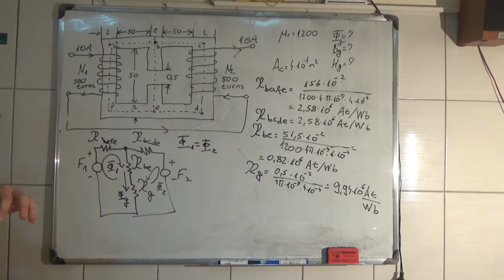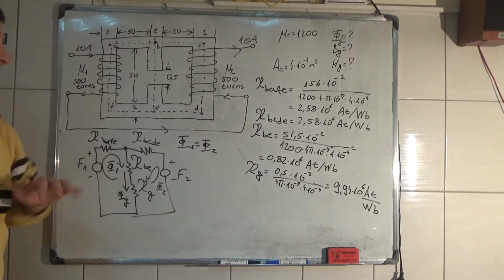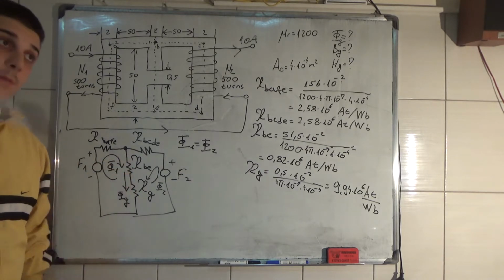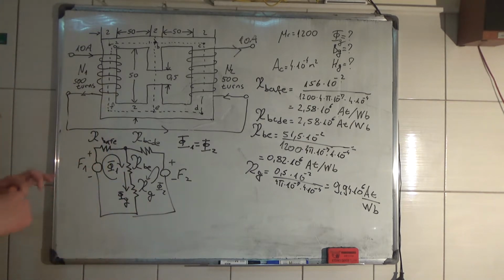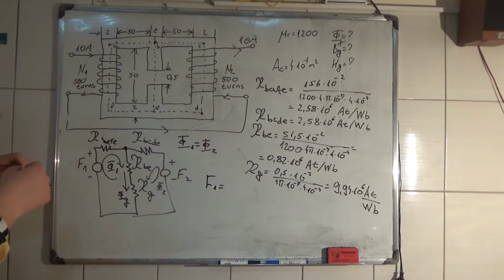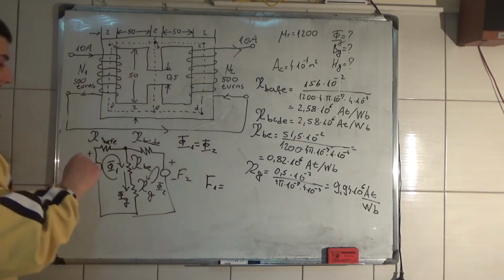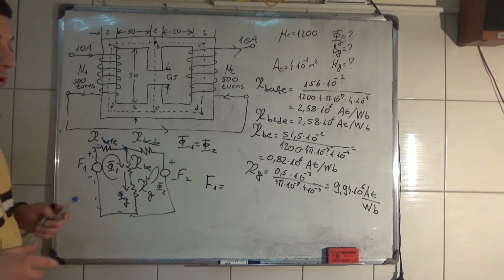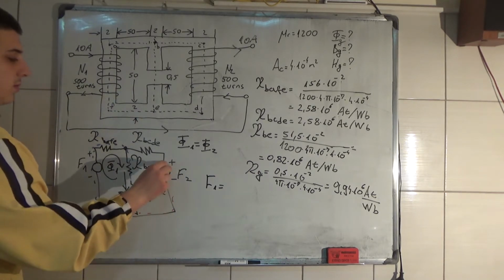Now we can do the closed loop equation for this and this. That is also the voltage law of the electric circuit. Same analogy. So here we have F1. We're gonna do the equation for this closed loop, and we are going to do the equation for this closed loop.